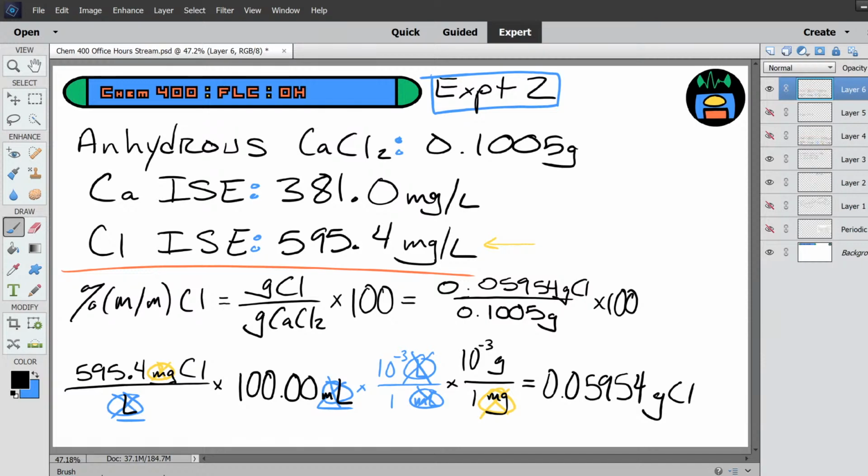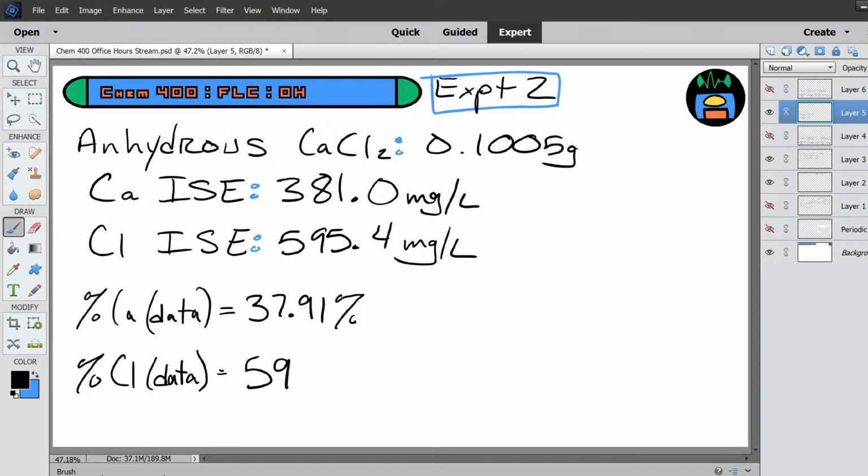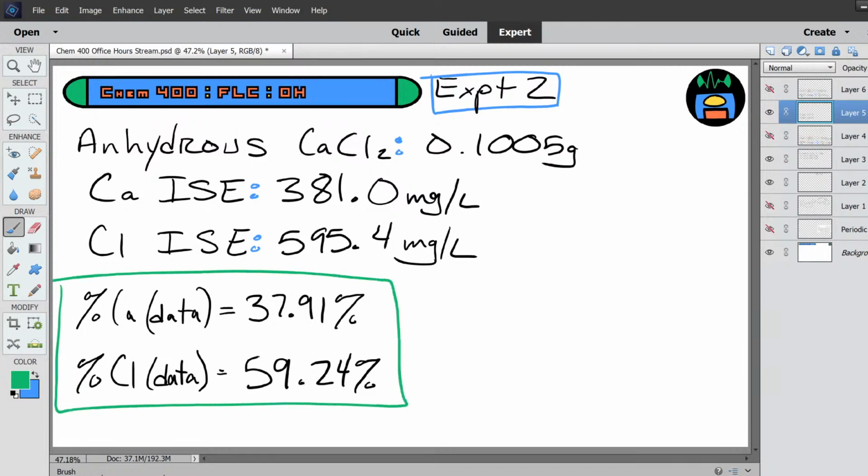All right, so based on my data, my percent mass of chloride, again, from my data, is equal to 59.24%. All right, now these are numbers based on my data.